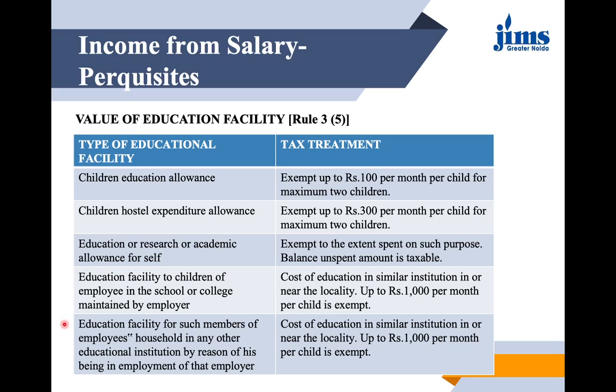Education facility for such members of the employee's household in any other educational institution by reason of his being in employment of that particular employer: in that case, the tax treatment would be that the cost of education in a similar institution in or near the locality up to rupees 1,000 per month per child is exempt.